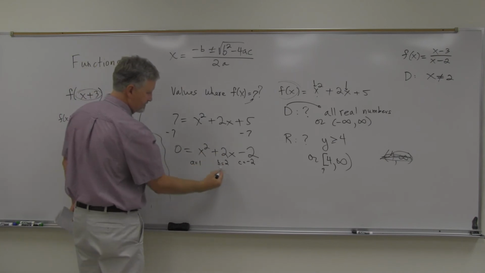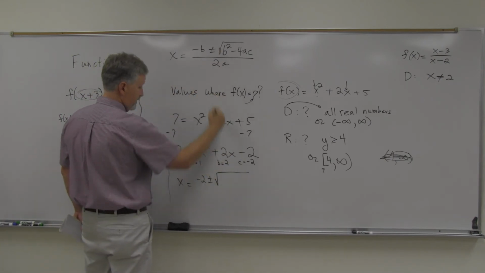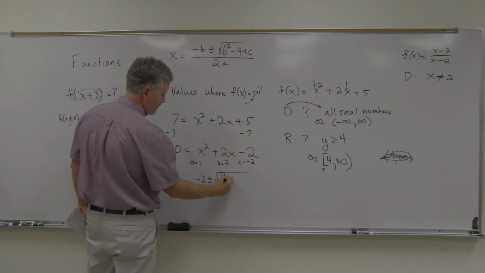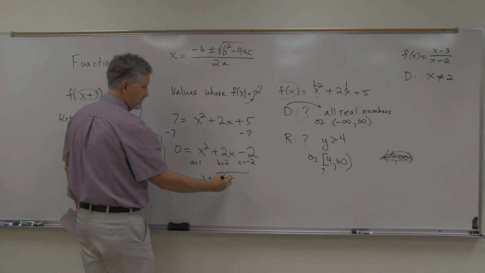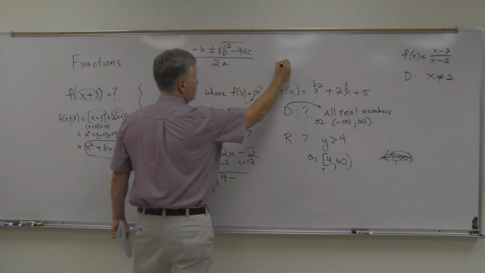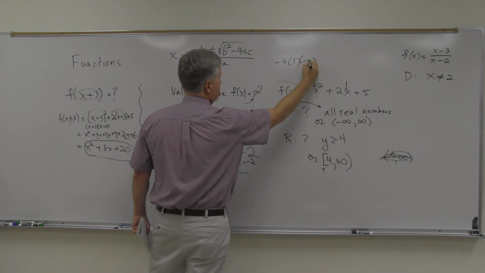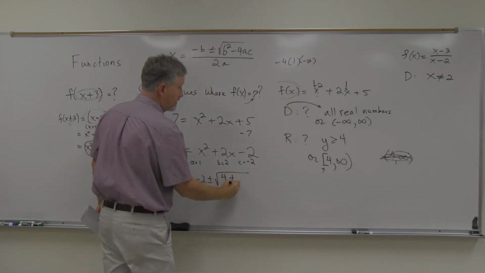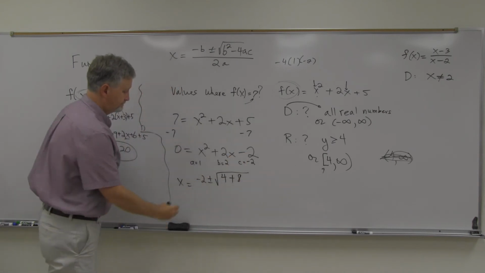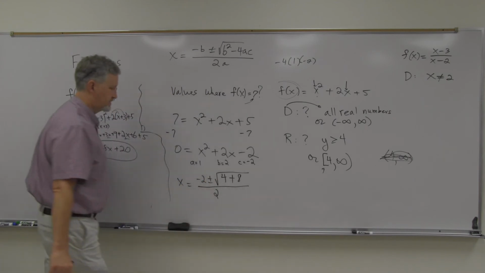Negative b, so it's the opposite of b, so it'll be -2 plus or minus square root of b squared, which would be 2 squared, which would be 4, minus 4 times a times c. So a is 1, c is -2, so minus 4 times 1 times -2, you can write down, but that's going to be plus 8. And then all over 2a, 2 times 1 is 2.